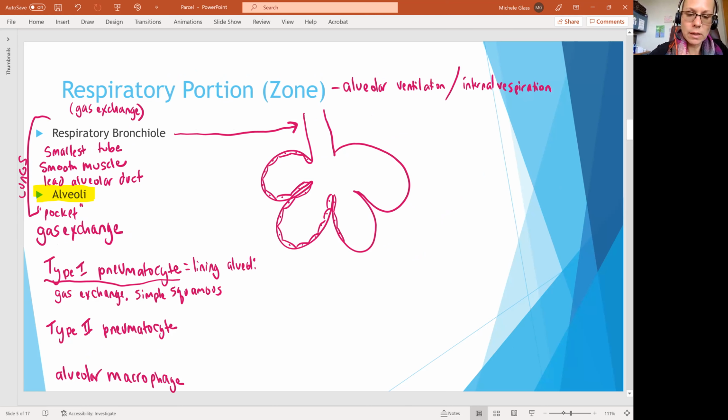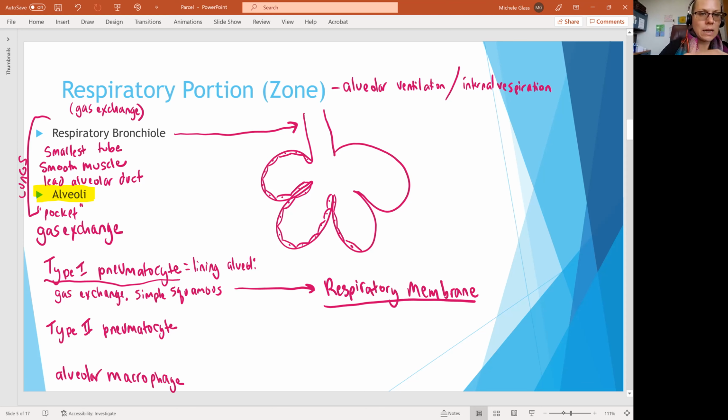And we'll see that it's going to be part of what we're going to call the respiratory membrane. So the respiratory membrane is going to be the actual membrane where the gas exchange is happening. And so what we can do here, let me actually go back to my drawing. I'm going to take a red pen to represent my capillary.